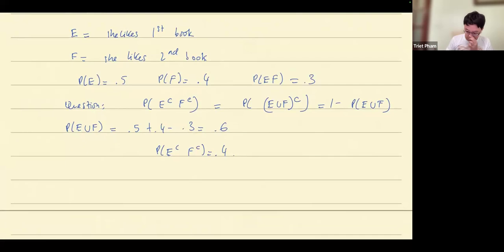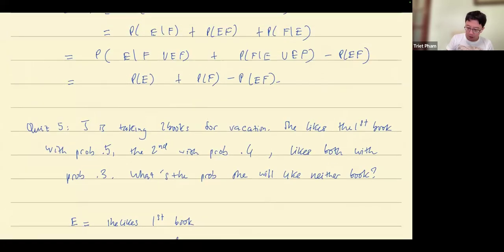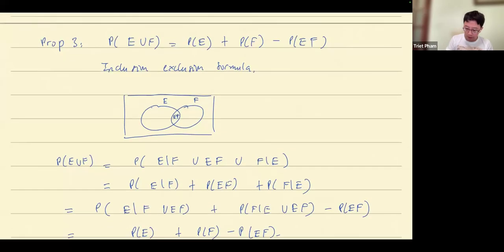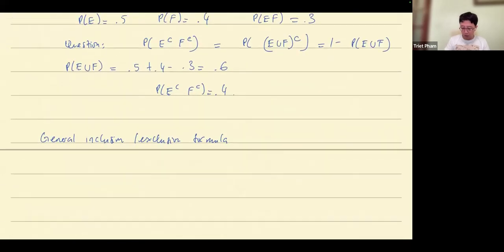So now, let's conclude this with the so-called general inclusion exclusion formula. And by general here, I mean with more than 2 events. This is 2 events. So let's just take it slow.